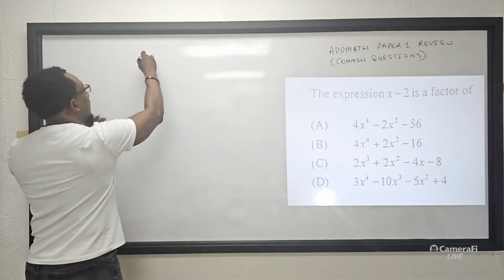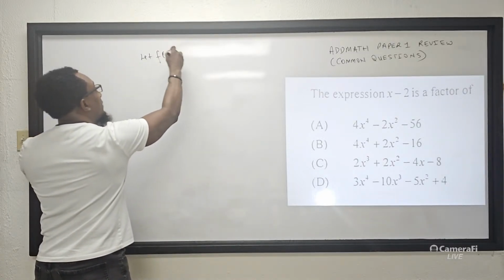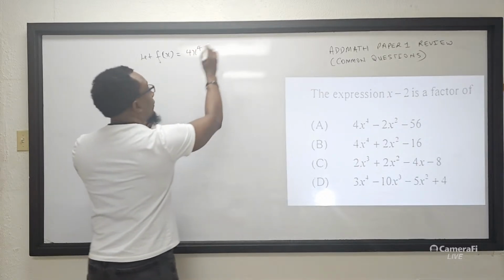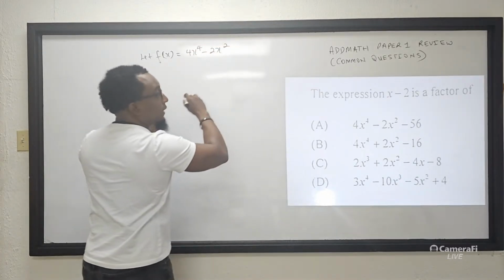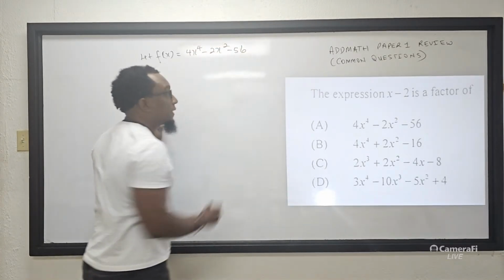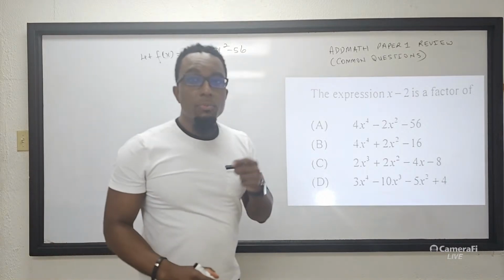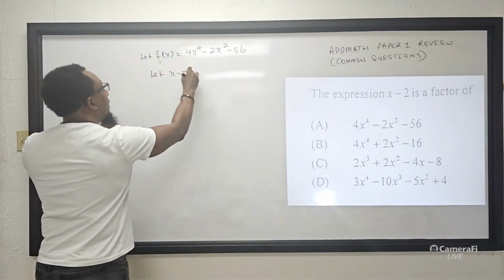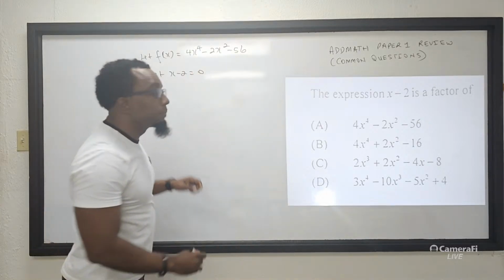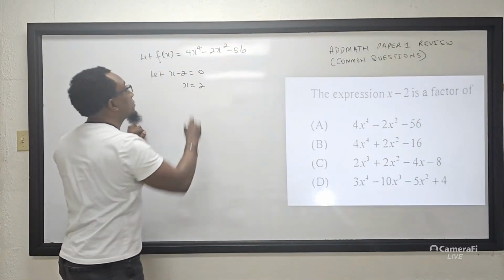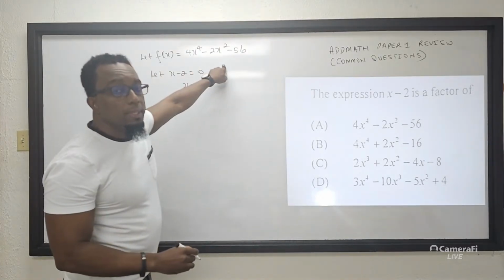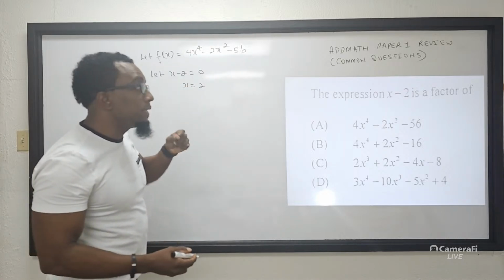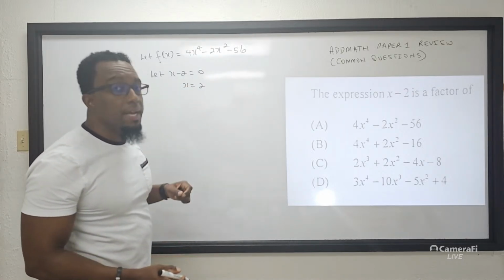So if I let f of x be equal to 4x to the power of 4 minus 2x squared subtract 56, to determine if x minus 2 is a factor, I'm going to let x minus 2 be equal to 0, and therefore x is equal to 2. If I substitute 2 into this polynomial, I'm supposed to get 0, and once I get 0, it means that x minus 2 is a factor of that polynomial.